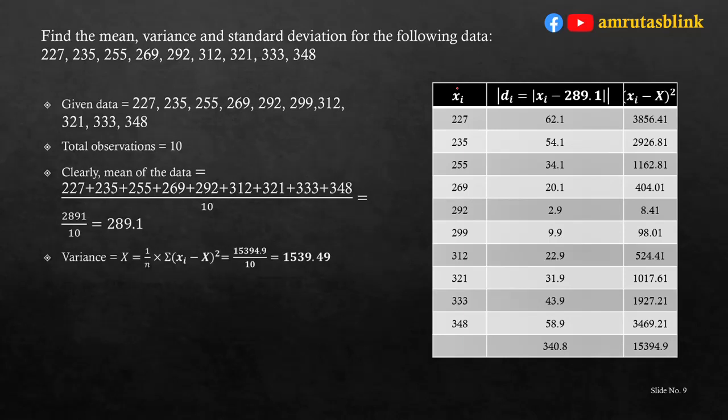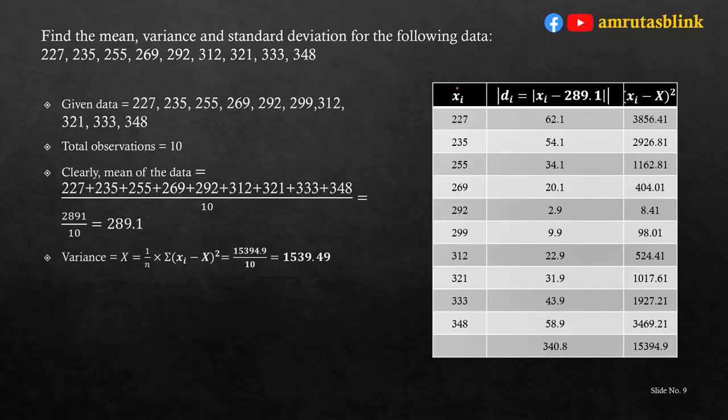Now, the next column will be the deviation about the mean. So, modulus of observation xi minus 289.1. So, the difference of 227 and 289.1 under the modulus sign, so it won't be negative, hence it is 62.1.